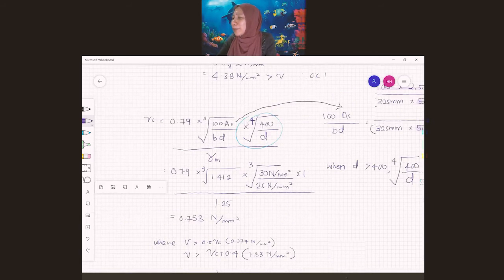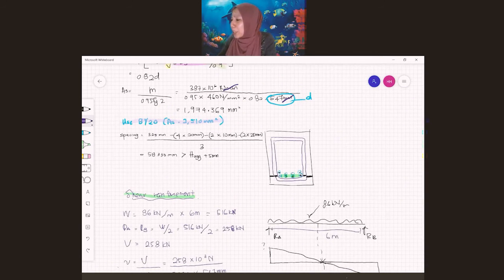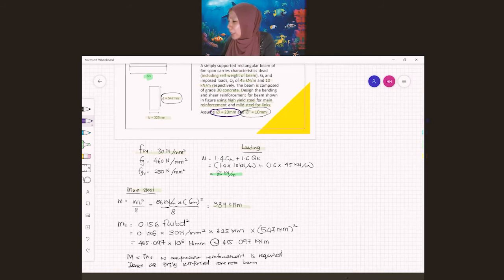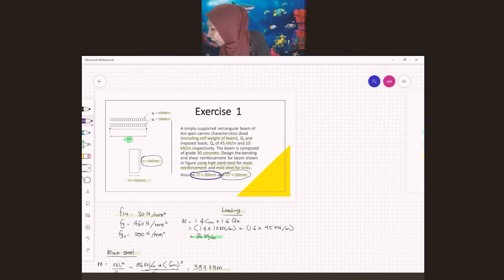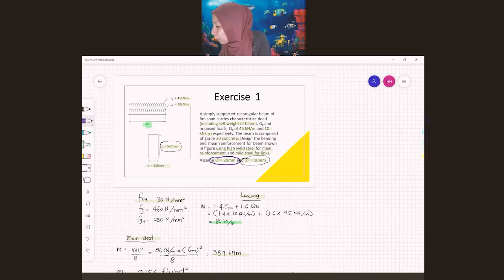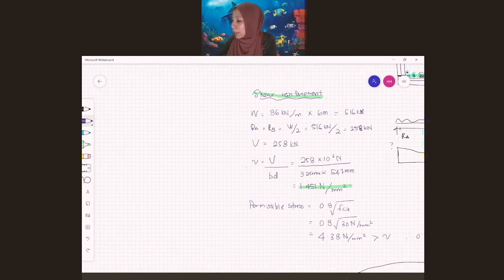So Fy given dalam soalan, rasa dia bagi FYV kita adalah 250 as kita punya link punya strength. Mana strength dia? Right, given mild steel for links. Okay, mild steel for links meaning this one lah, kita dah extract keluar from our question 250. Okay, 250 Newton over mm square, we know that it is mild steel.